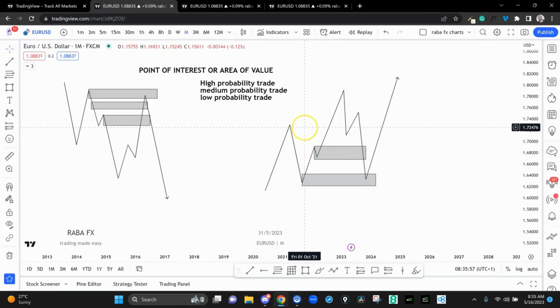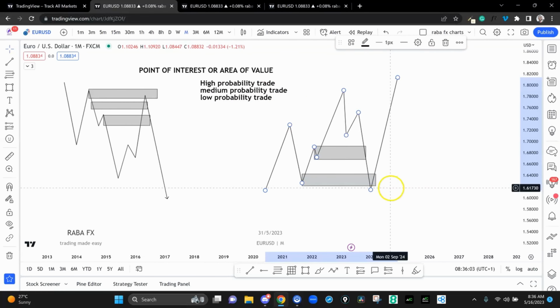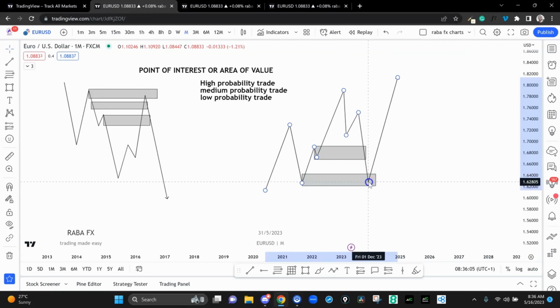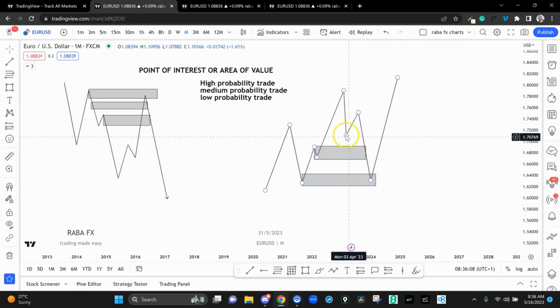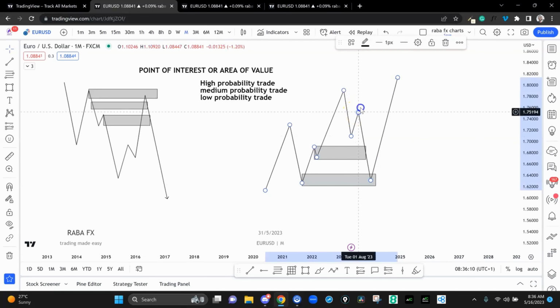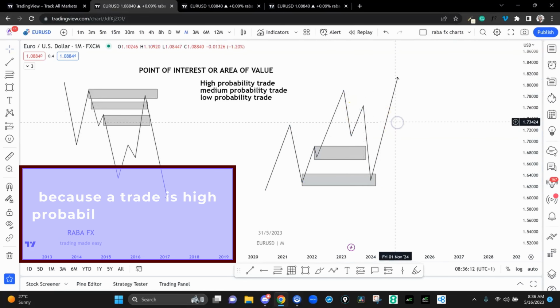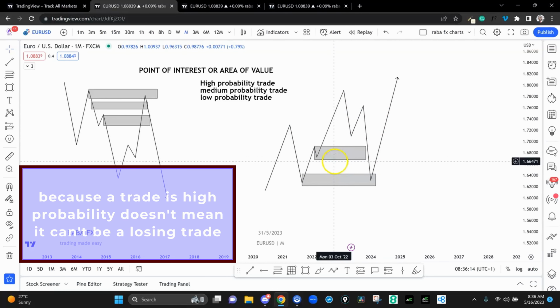Now let me correct a particular impression. When I say high probability, does it mean that you cannot take a loss? Definitely you can. There is no trade that is guaranteed. Okay, let me just clear the air on that. Because a trade is high probability does not mean that trade will not be a losing trade.